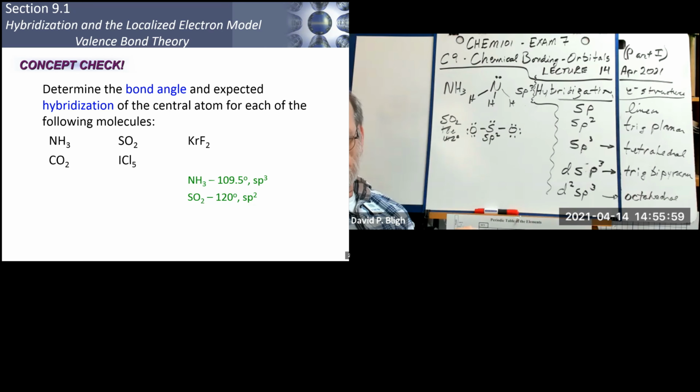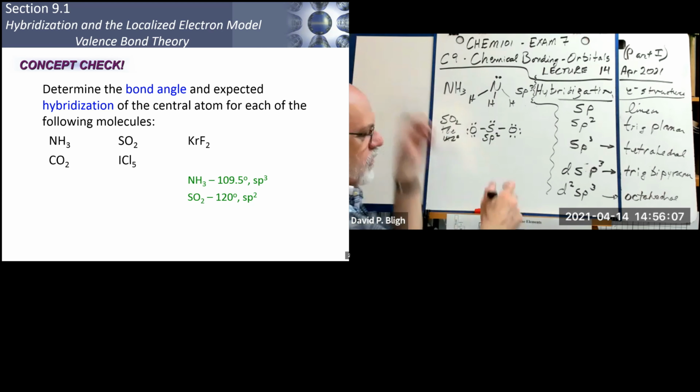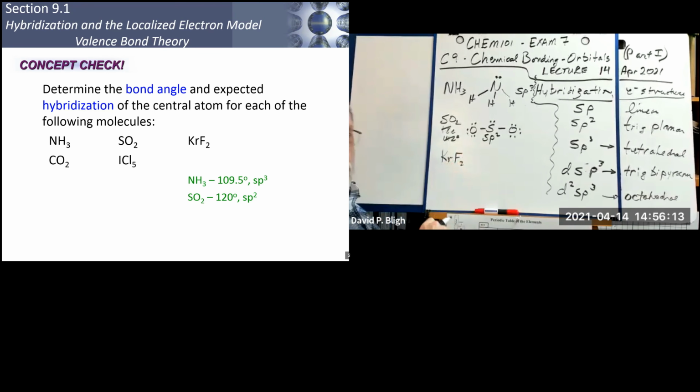How about krypton difluoride? All right. Well, I can move over here when I run out of room, so that's okay. Krypton difluoride. Krypton is a noble gas, so it has 8 electrons.